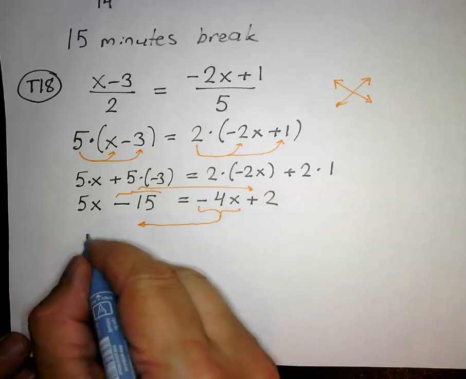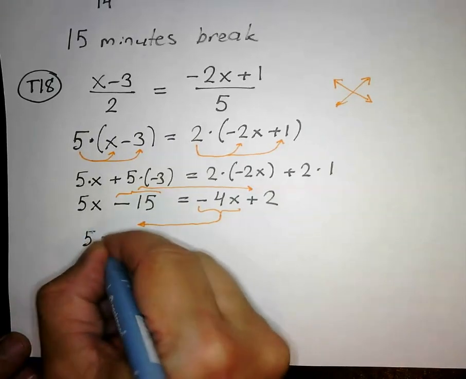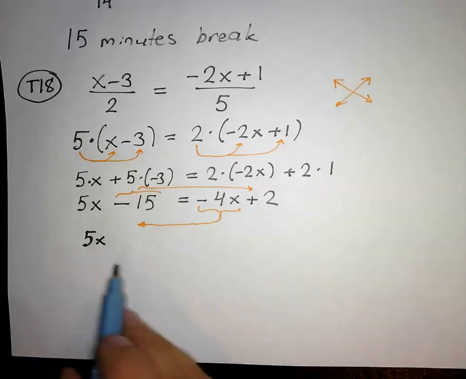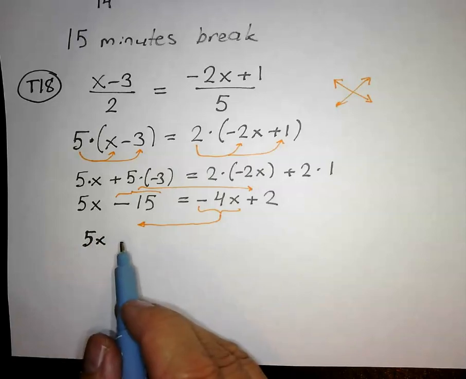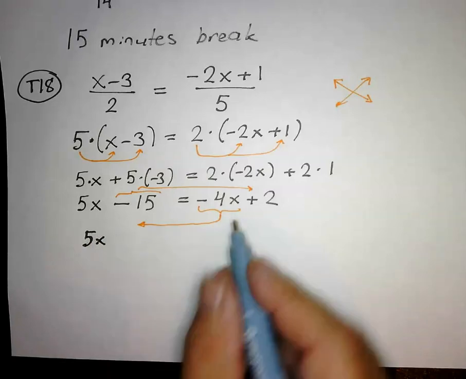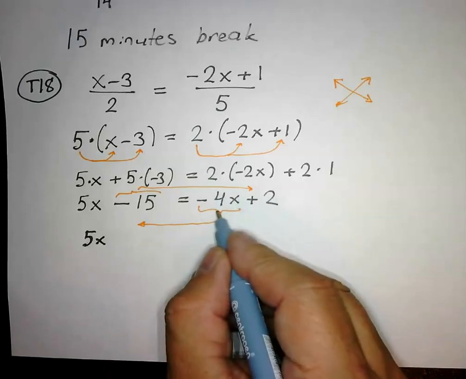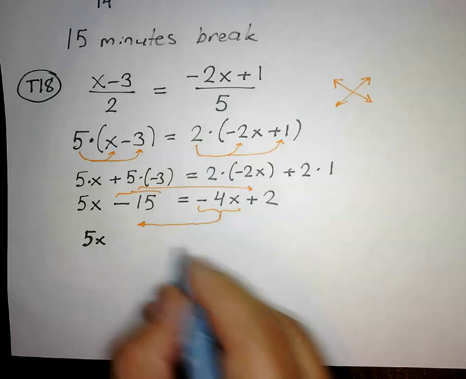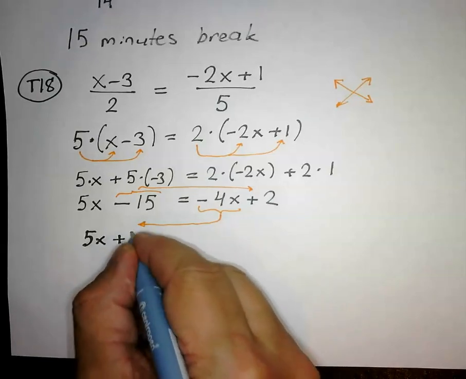So in the left hand side you have 5x. It has the same sign as before because it has not changed side. It has been all the time on the left hand side. But this minus 4x moves to the left hand side, so it becomes plus 4x.